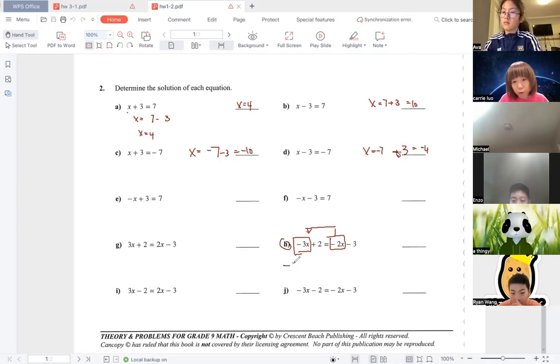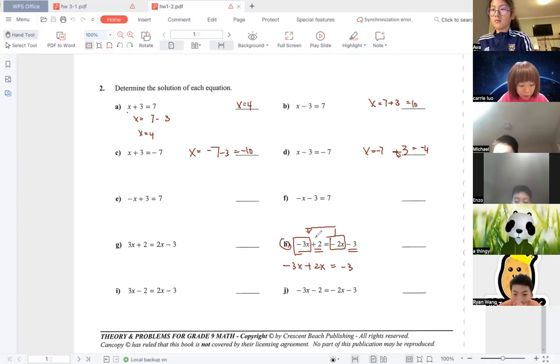Yes. Before they have a -3x there, plus 2x equals, so we have +2 and -3. So -3 still stays on the right side, and this +2 move it to the other side, it will be what? Negative.